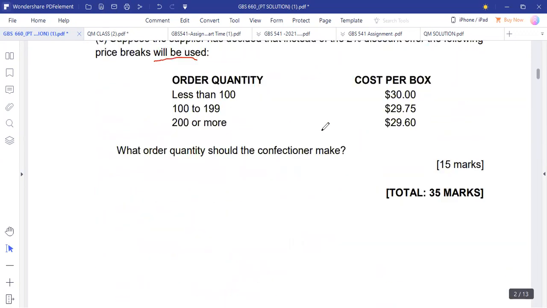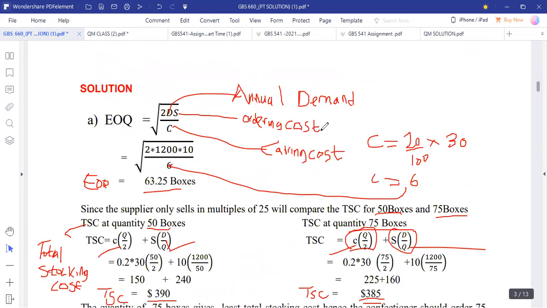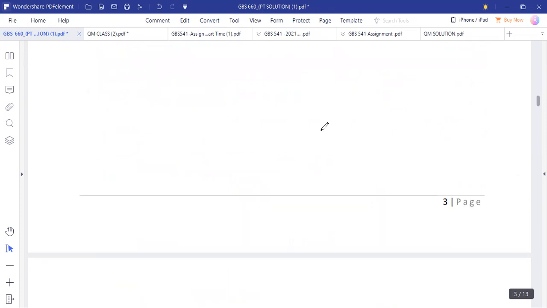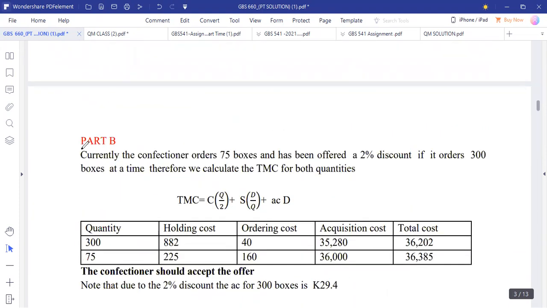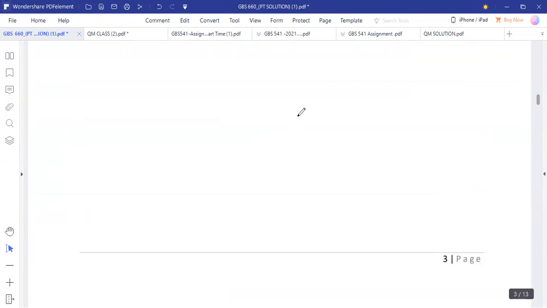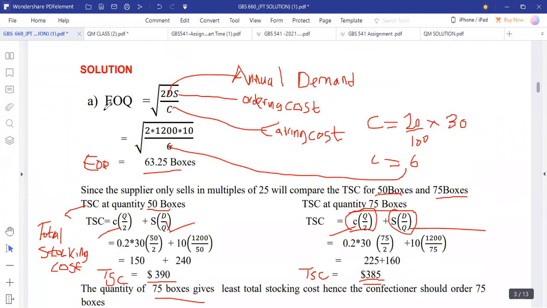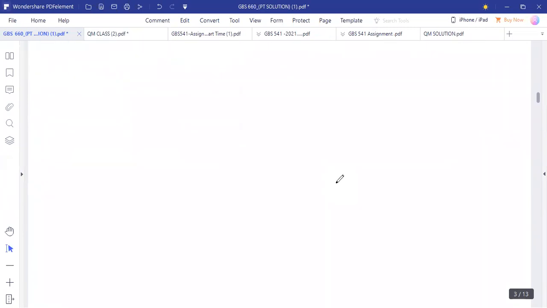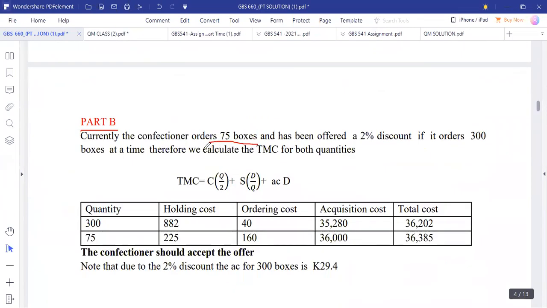So this is part B. Currently the confectioner orders 75, because 75 is what we concluded in part A for the first question. Then in part B, we are saying that currently the confectioner orders 75 boxes and has been offered a 2% discount if he orders 300 boxes at a time.